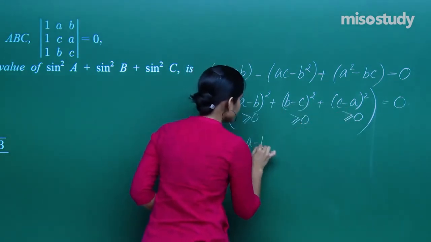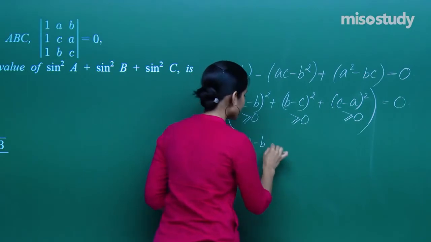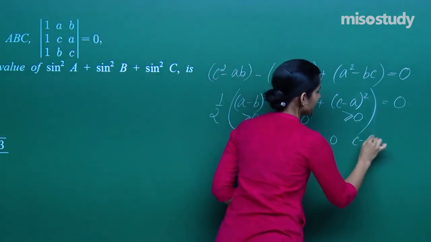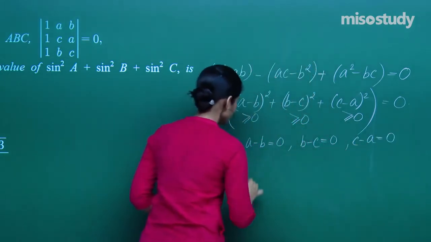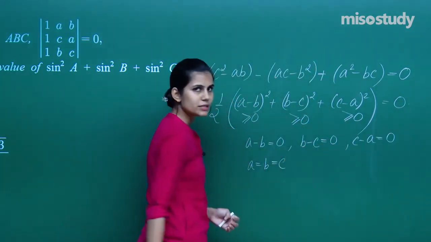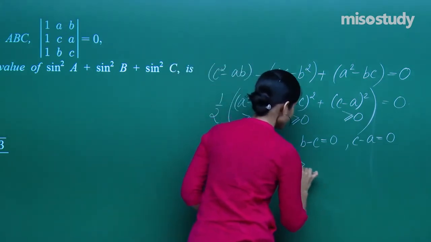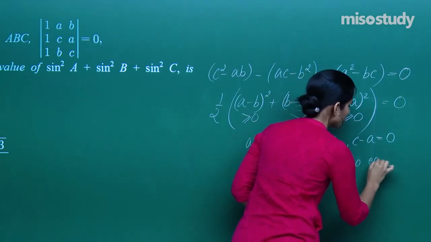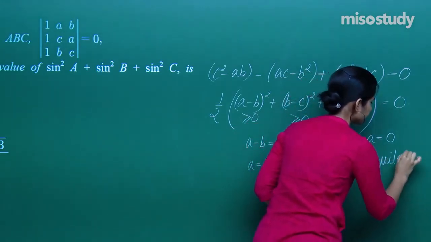So A minus B is 0, B minus C is 0, C minus A is 0. This means A equals B equals C. This implies triangle ABC is an equilateral triangle.